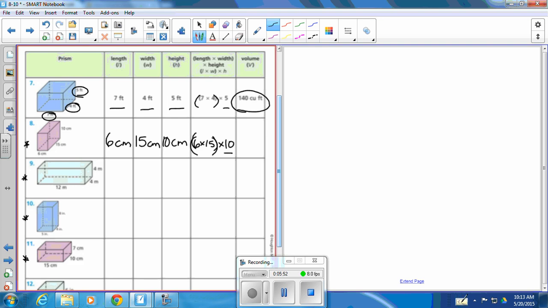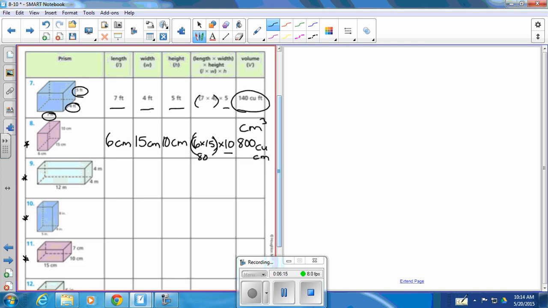So what is 6 times 15? And then times 10? 800 what? Cubic centimeters. Okay, another way you can write cubic centimeters is cm with a 3 up at the top. Why a 3 instead of a 4?